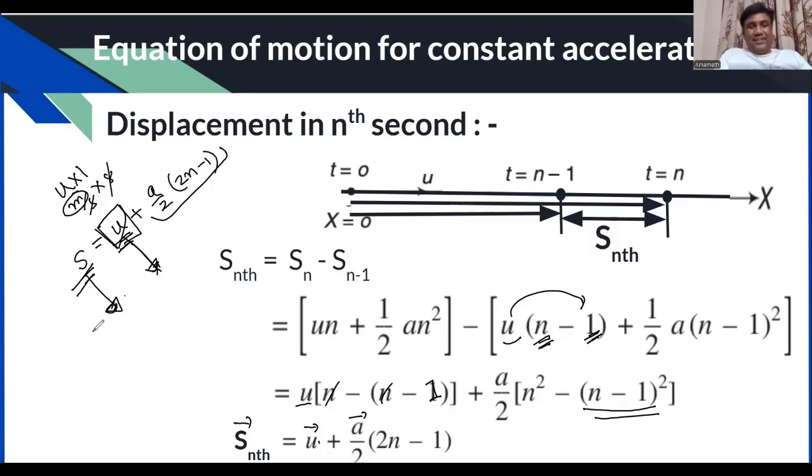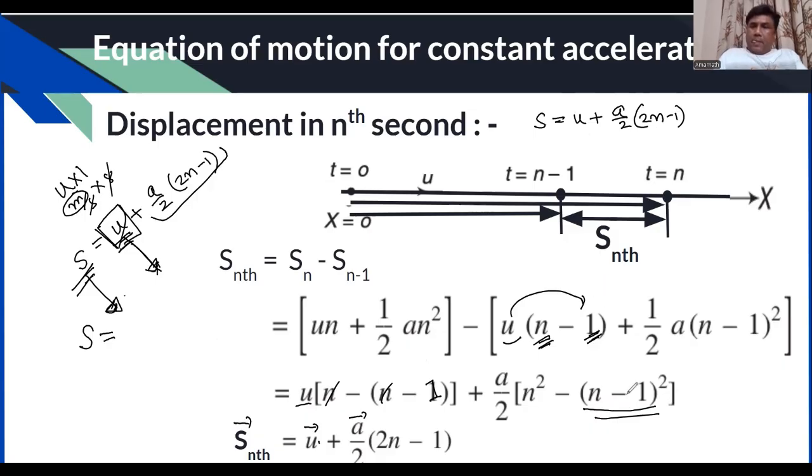Then for the acceleration, that term also we should write as L? Here actually it will automatically be coming. Let me check it. s is equal to u plus a by 2, 2n minus 1.